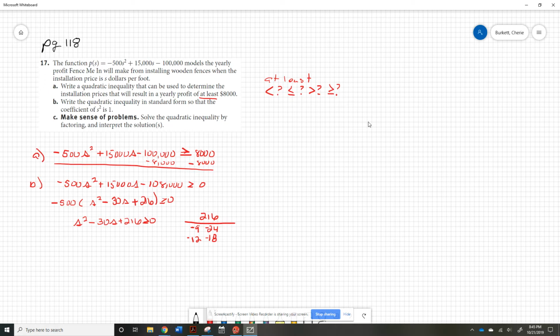So 216. Oh, well, I know it's not that one, but 4 and 54, because those won't combine together. Let's see, there's 8 and 27. Goodness.